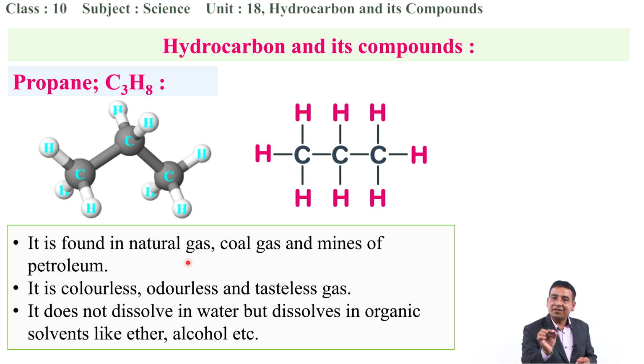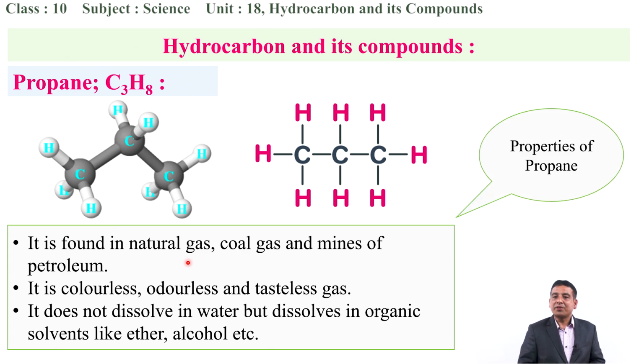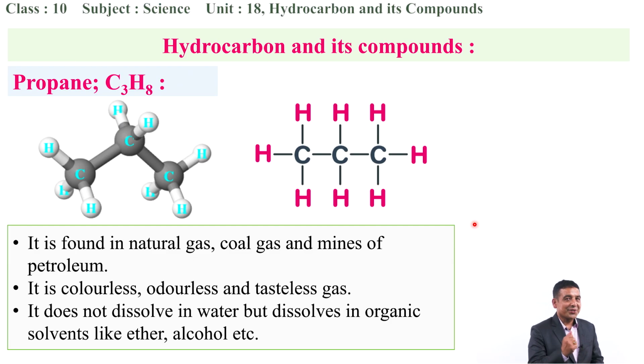Yes, you can write ethers as well as alcohols as well as other organic solvents. So these are all the physical properties of propane. We do not go through the chemical properties of these hydrocarbons because our curriculum does not cover them. Now we are discussing the uses of propane.